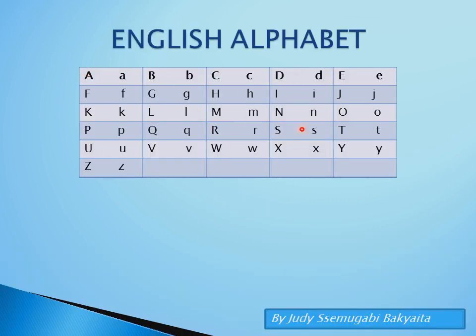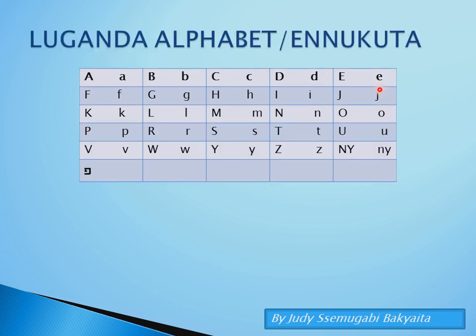These are the English alphabet: A, B, C, D, E, F, G, H, I, J, K, L, M, N, O, P, Q, R, S, T, U, V, W, X, Y, Z. These are our Luganda alphabet. We call them enukta.